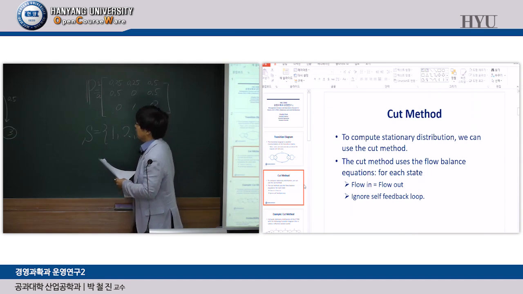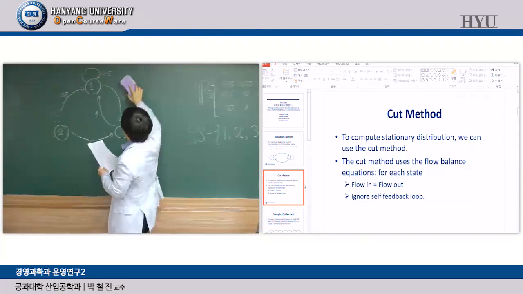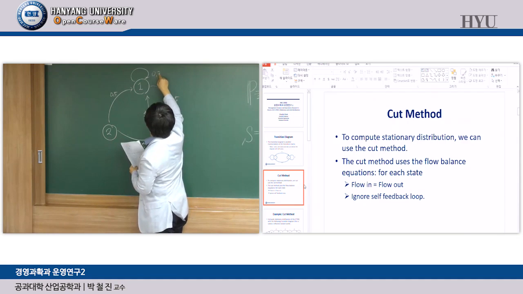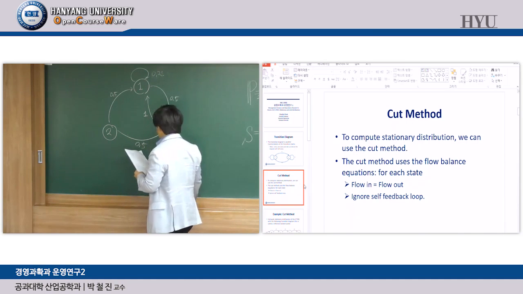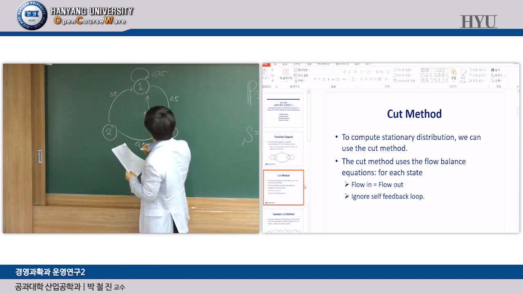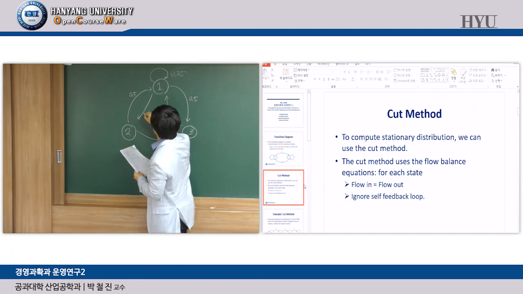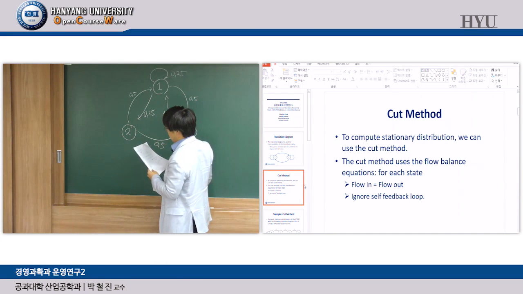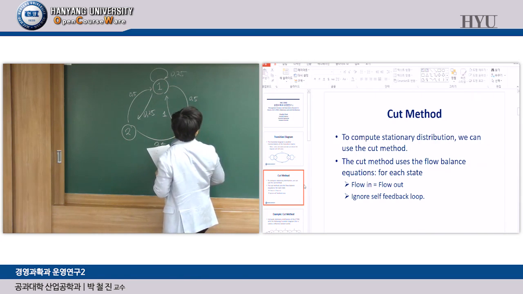Then we can draw this diagram: 1 to 1 with 0.25, 1 to 2 with 0.25, 1 to 3 with 0.5.